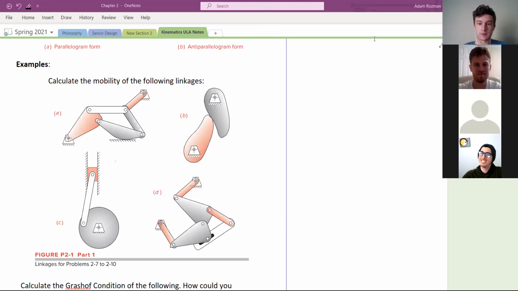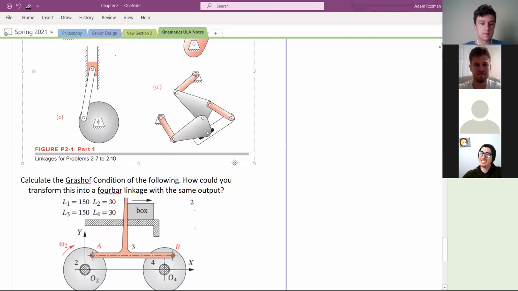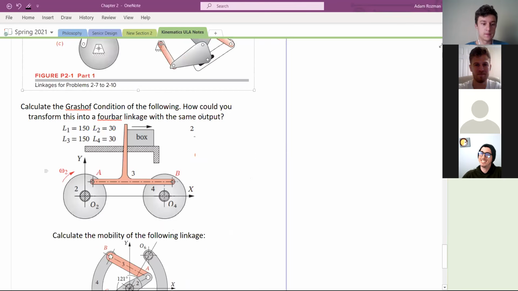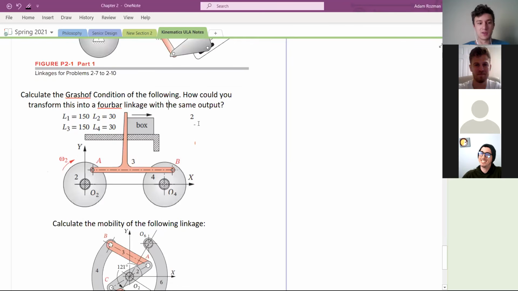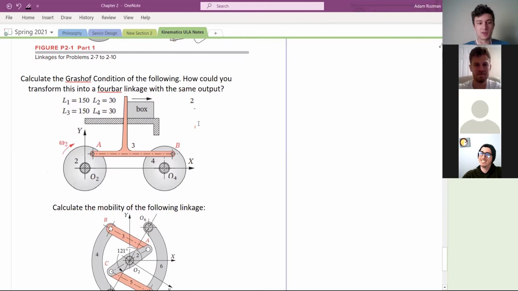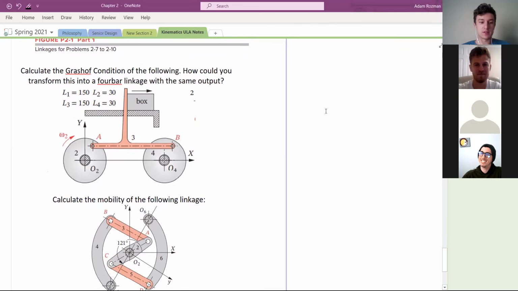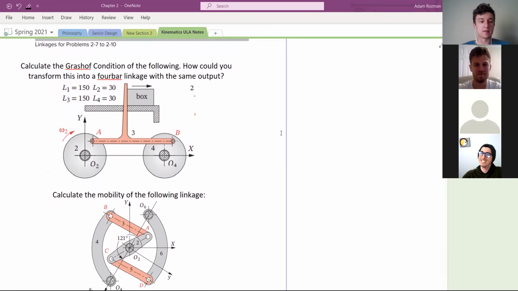Let me clear all drawings. Okay. The Grashof condition, I think it's a pretty simple concept, but we can go over a couple of questions on that too. Would anyone like to crunch some numbers, or should I just do it?